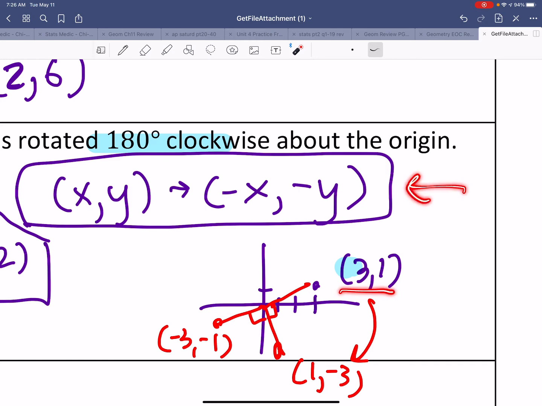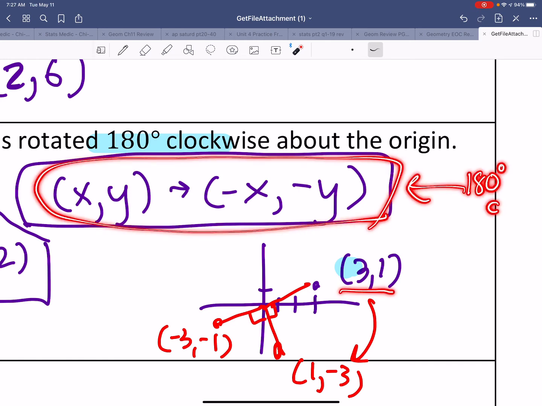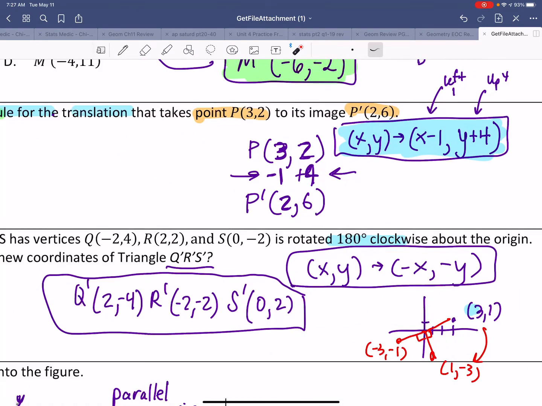So notice our rule for 180 counterclockwise is the same as 180 clockwise. We can take our coordinates and follow that rule. So what is the rule? Whatever x is, we're going to change the sign. Whatever y is, we're going to change the sign.